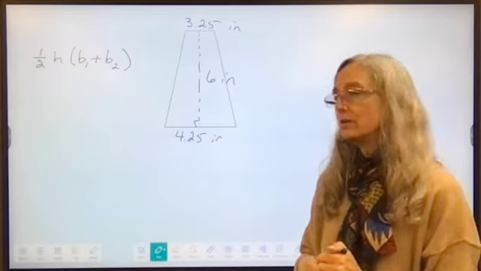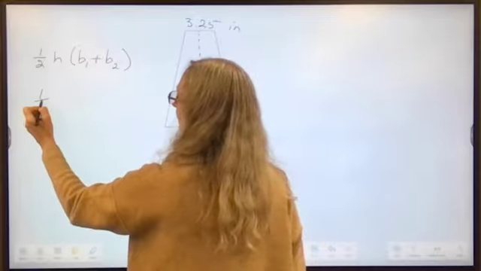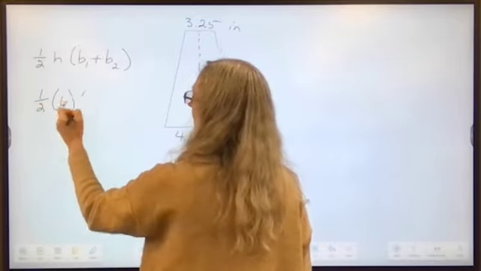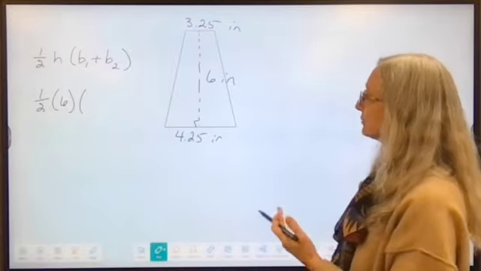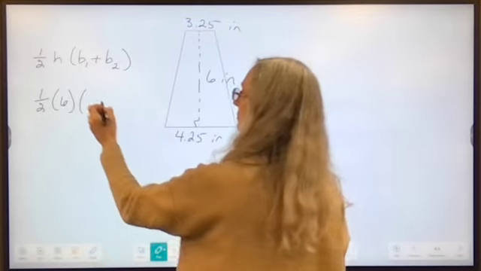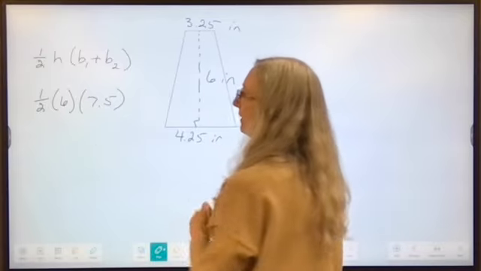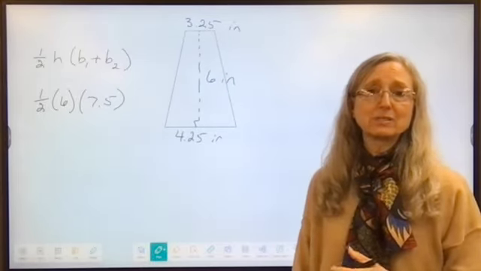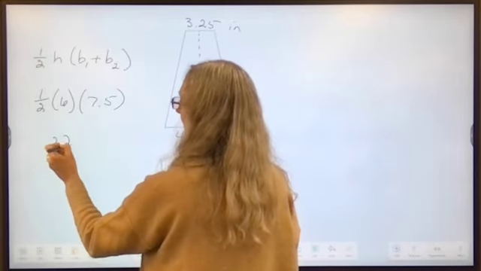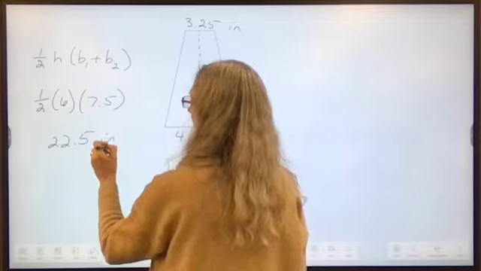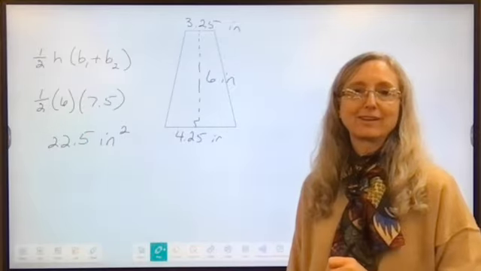So if I plug those in, I have 1/2 times 6 times these two bases added together, and 3.25 and 4.25 would be 7.5. So that's 3 times 7.5, or 22.5 square inches, and there's our area.